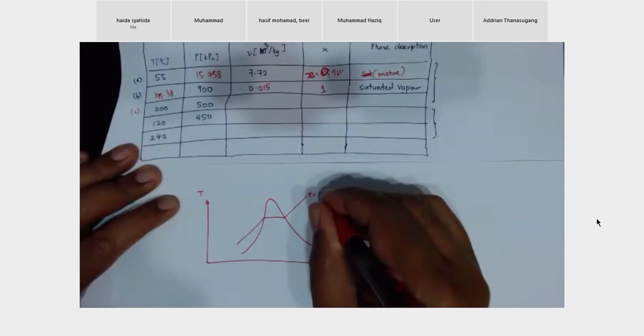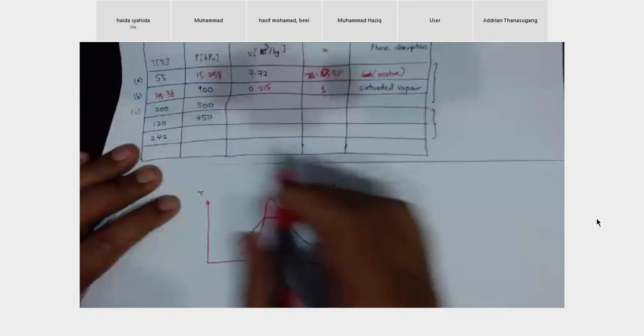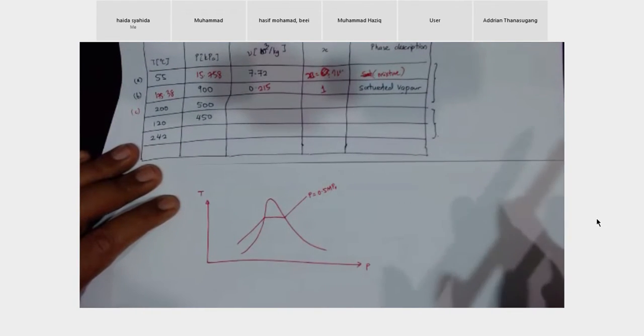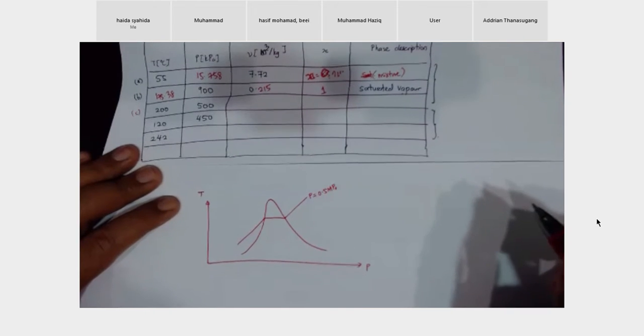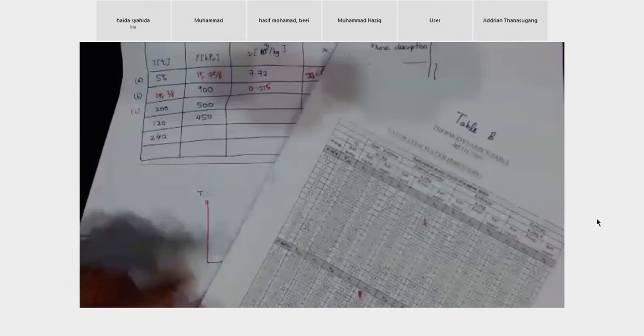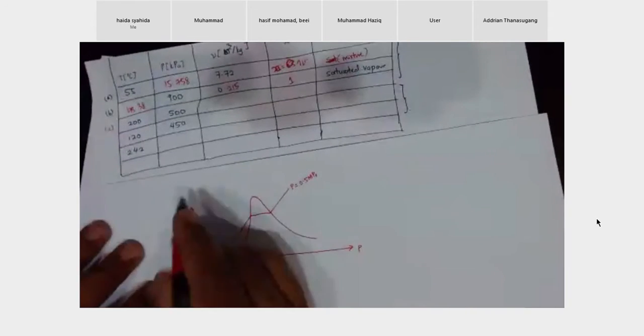P equals to, so 500 kilopascal is 0.5 megapascal. Tu ada yang tak cerdik tadi kan, apa pasal 0.15 kat sini kau 500? Yelah, dah dikonvertkan ke dalam megapascal. Okay, so 200 degrees Celsius. So at 0.5, based on table B, 0.5, so temperature is what? 0.5, temperature is 151.86.